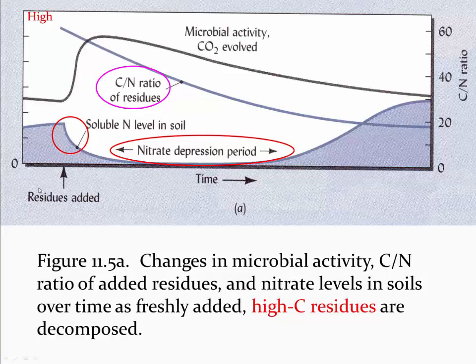So we add the residue, it's high in carbon, low in nitrogen, and then the nitrate in the soil may get depressed, or the priming effect takes place and nitrate is used in the decomposition process when the microbial population gets very high.